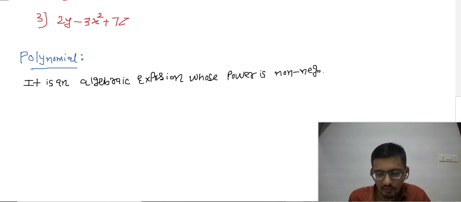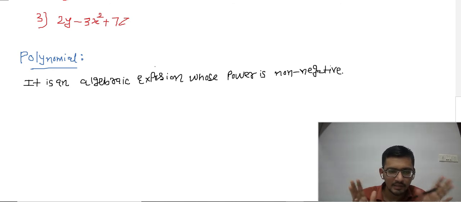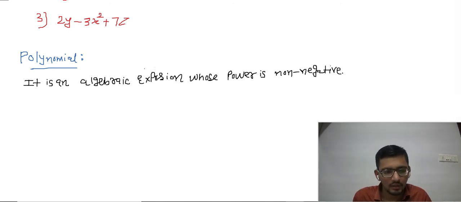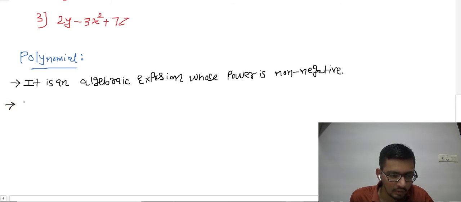See, they're using the word non-negative, not positive. Non-negative means positive or zero. So it is an algebraic expression whose power is non-negative. Okay, and for the general form, if I'm writing, you can write like this: p of x.